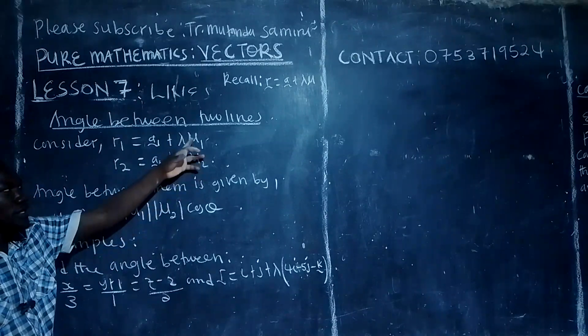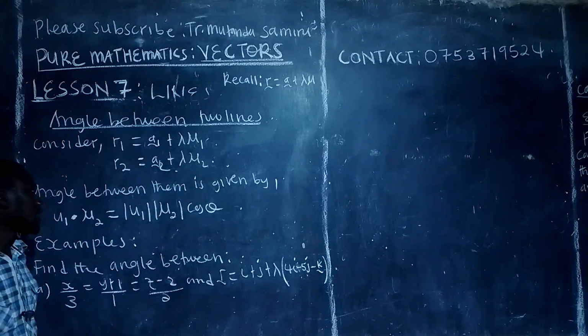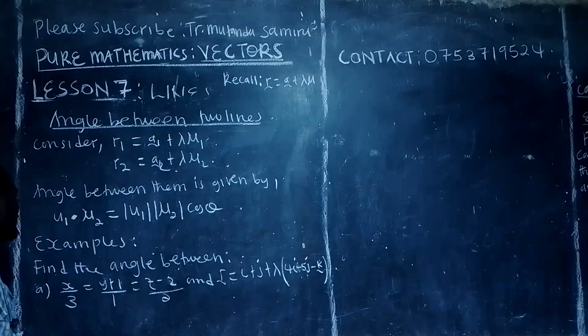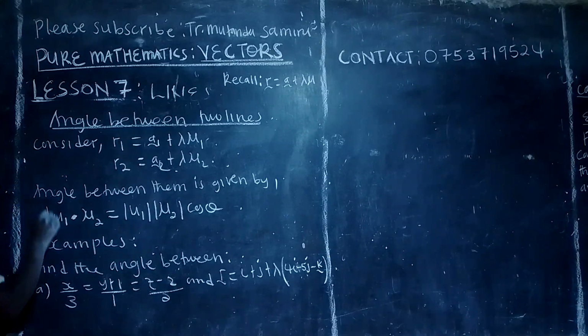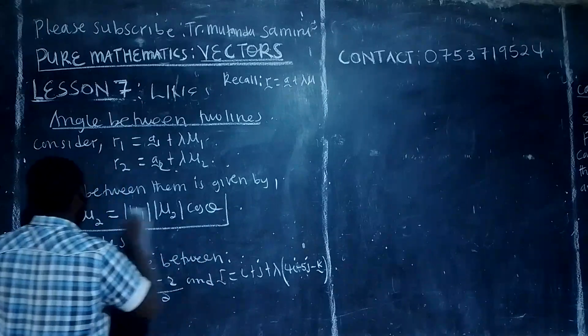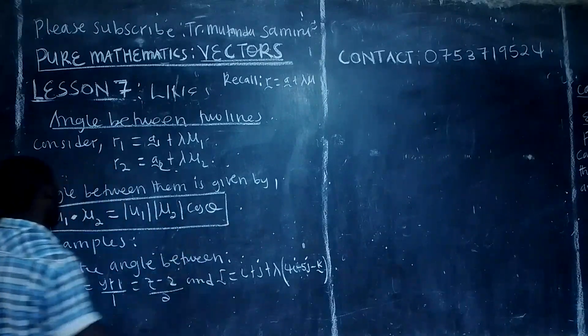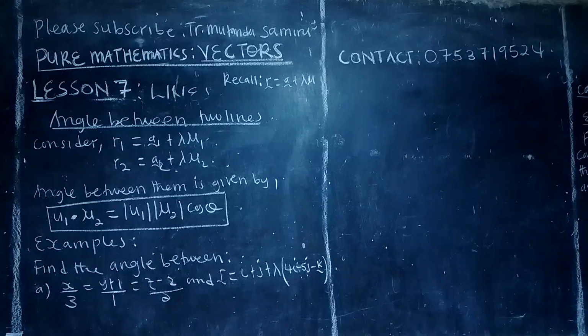The angle between two lines given by mu1 and mu2 has the formula: mu1 dot mu2 is equal to magnitude of mu1 times magnitude of mu2 times cos of theta. Now that's what we want.